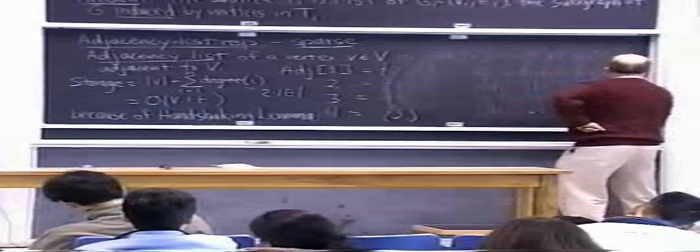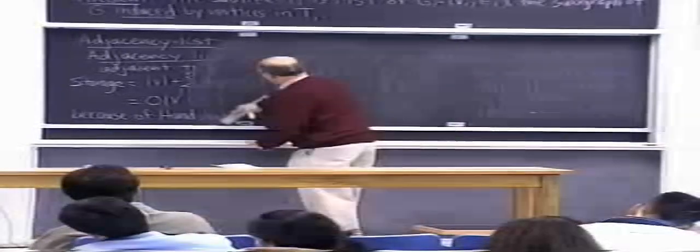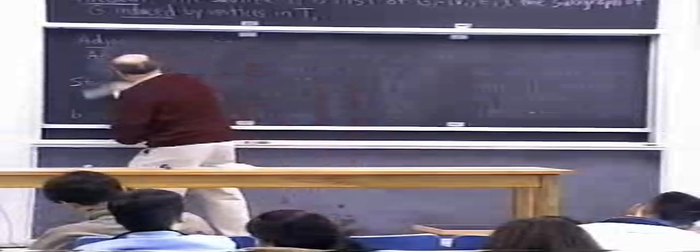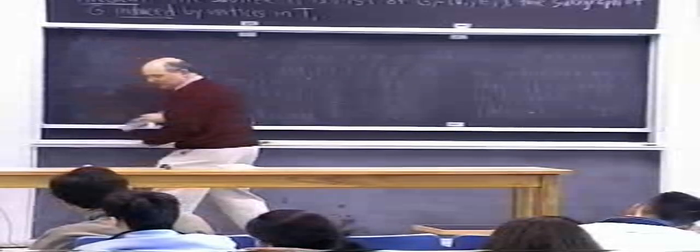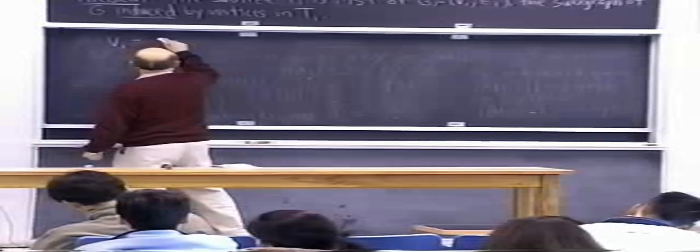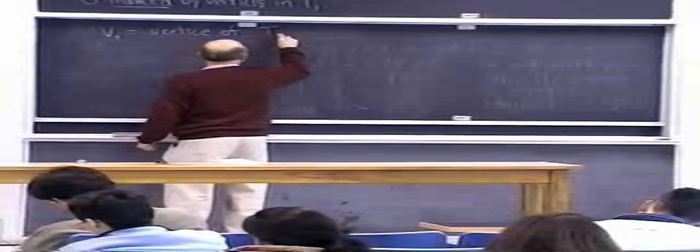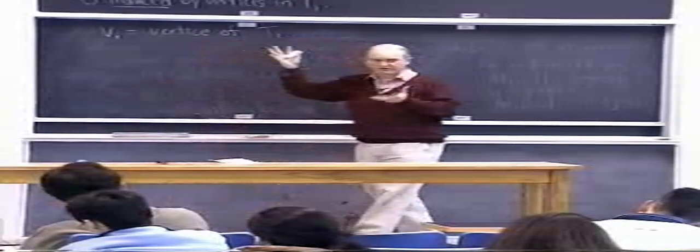So we can write that formally. So V1 is just equal to the vertices of T1. Okay, all the vertices in that tree. It's a spanning tree.